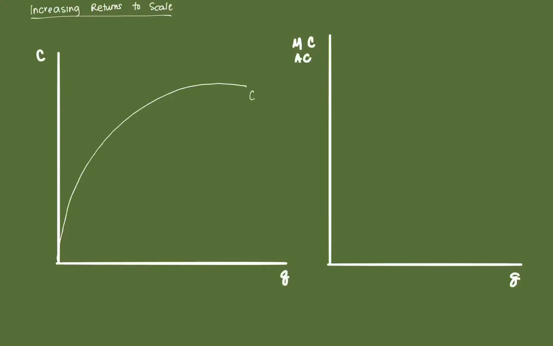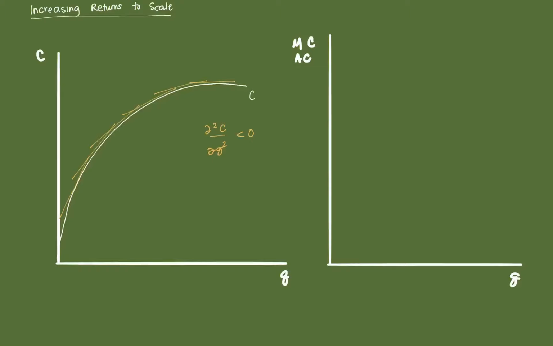So as C increases, what you'll notice is that the slope decreases as the quantity or the output produced increases. So it suggests that total cost increases with output, but it increases at a decreasing rate. This implies that the second order derivative of the cost function with respect to output is negative because it grows at a decreasing rate.